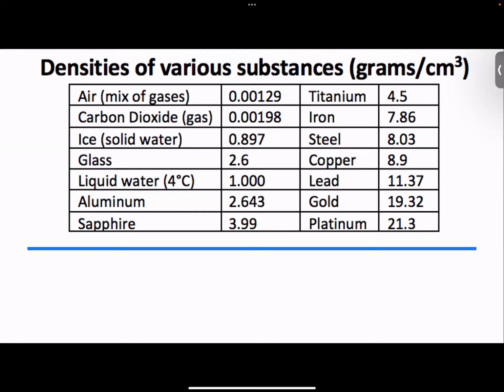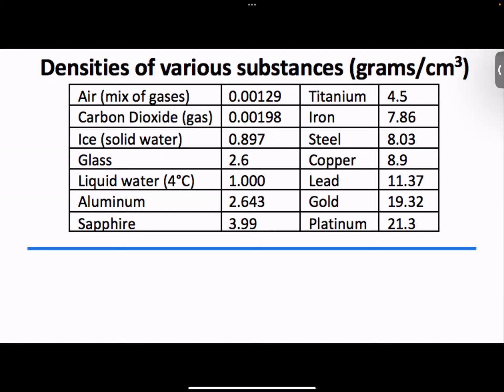Now, admittedly, most objects in solid form have a higher density than do their liquids. And most liquids have a higher density than do their gases. Ice is an oddball.